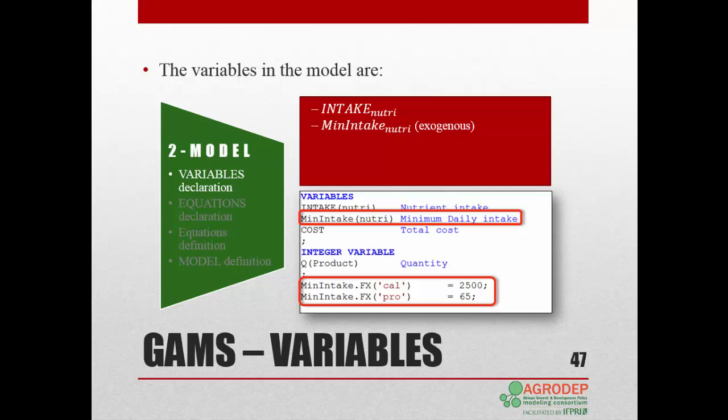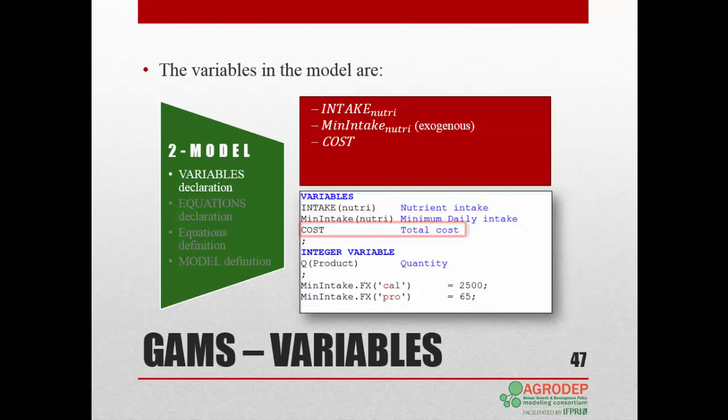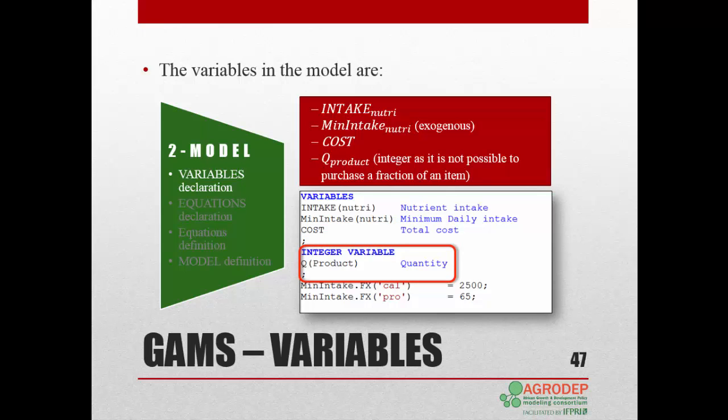Both intake and minimal intake are defined over the set Nutri. Cost is the total cost of the meal. It has 0 dimension. Finally, Q is an integer since it is not possible to purchase a fraction of an item. We use integer variable as a declaration heading. It is declared on the set product and it has 1 dimension.